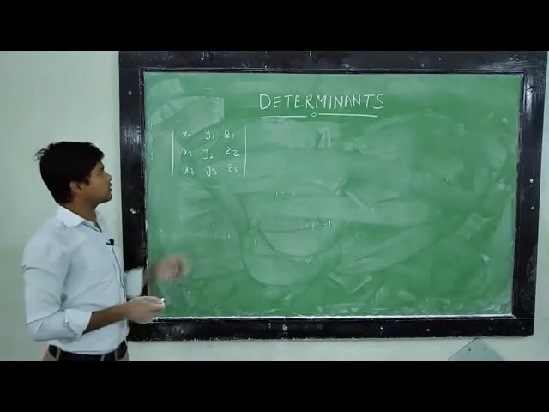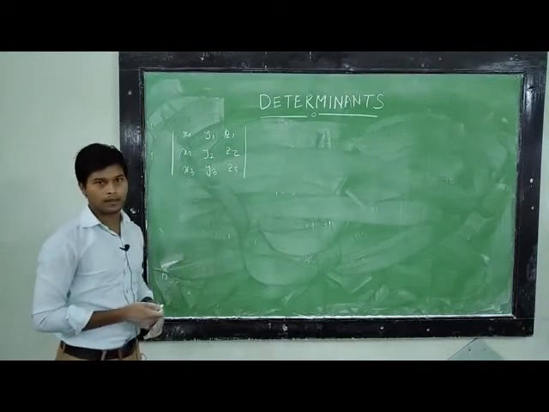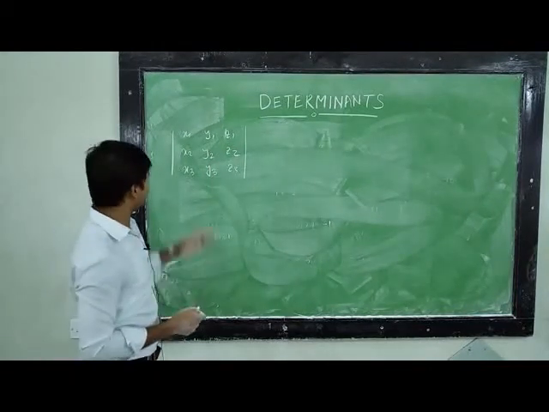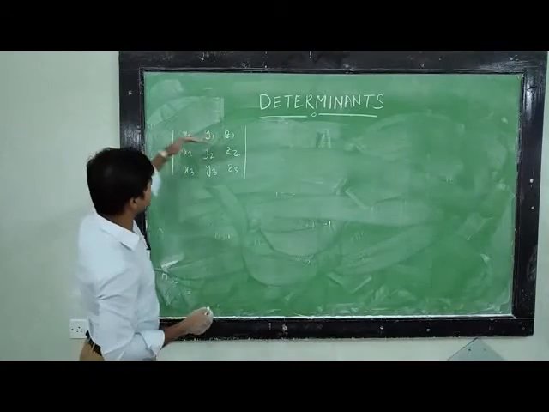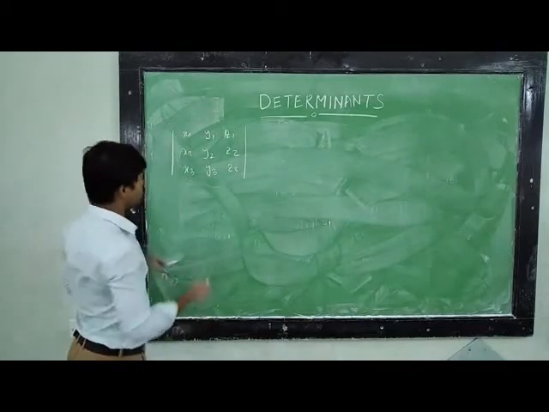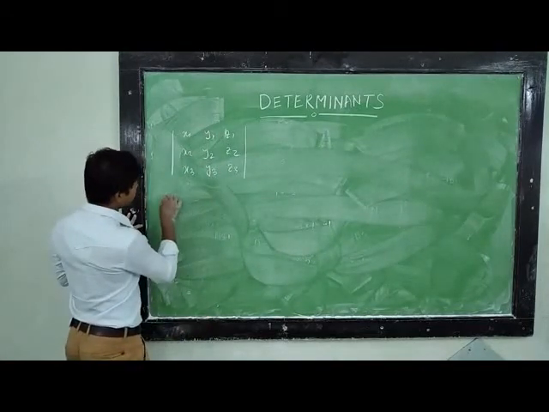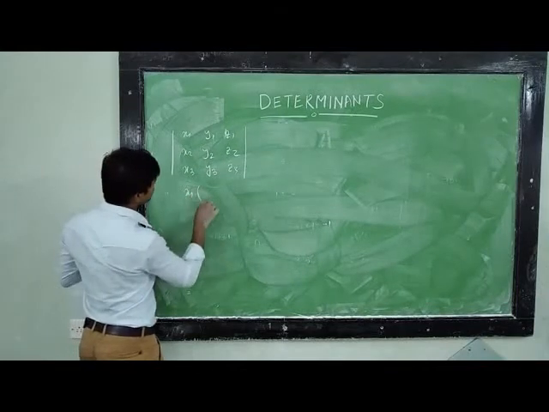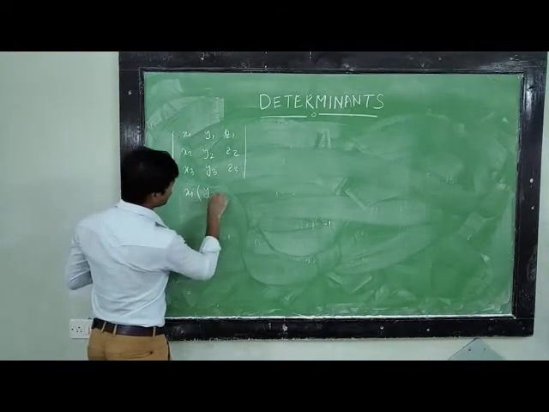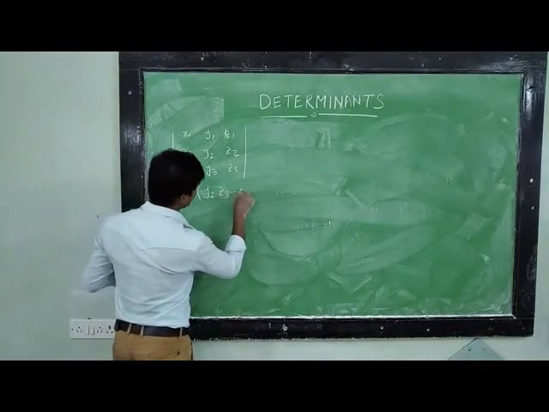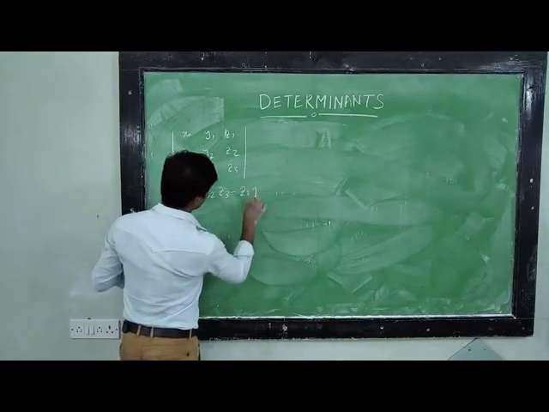Now look, you can easily expand the determinant using the rules of expansion. If I expand the determinant along, suppose, the first row, so you can see that x1 into y2 z3 minus z2 y3.